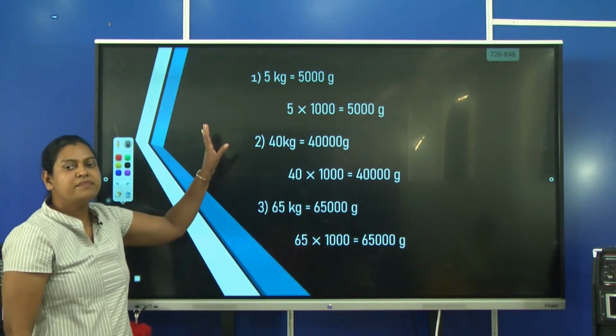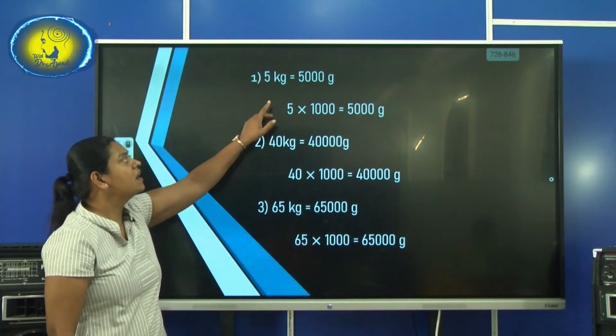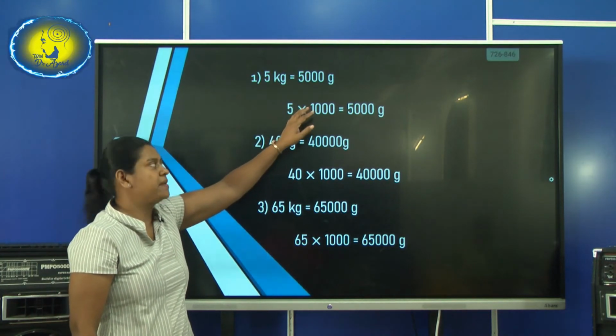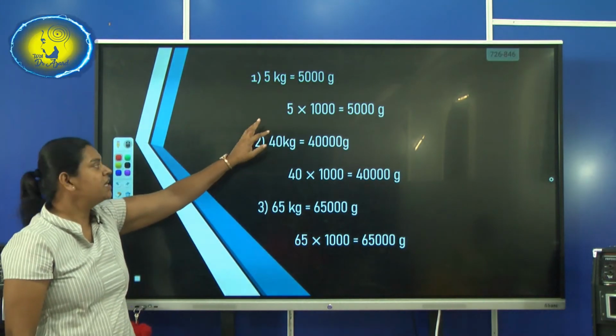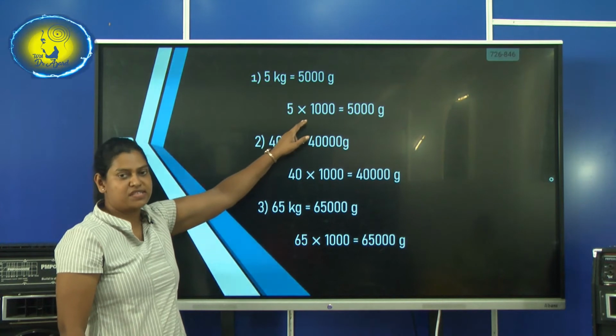Let's do some exercises. 5 kilograms equals 5000 grams. It means you have to multiply 5 by 1000.